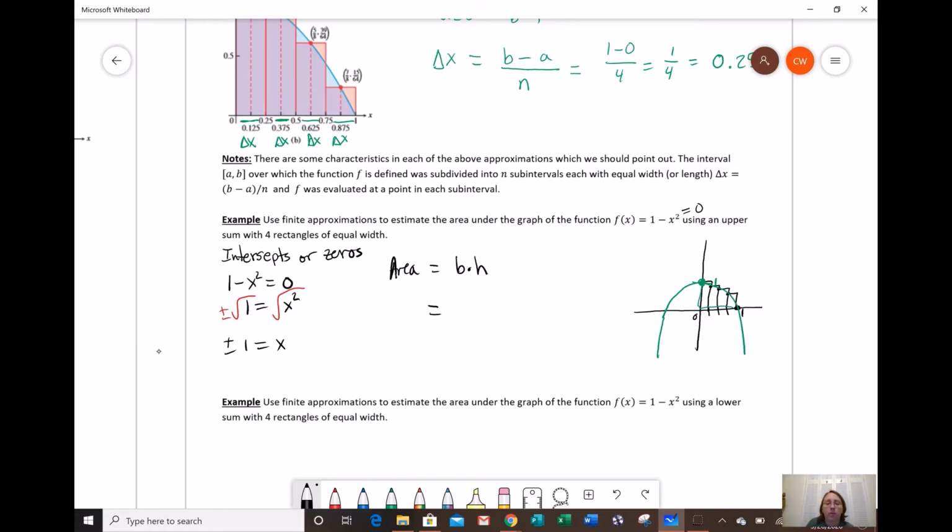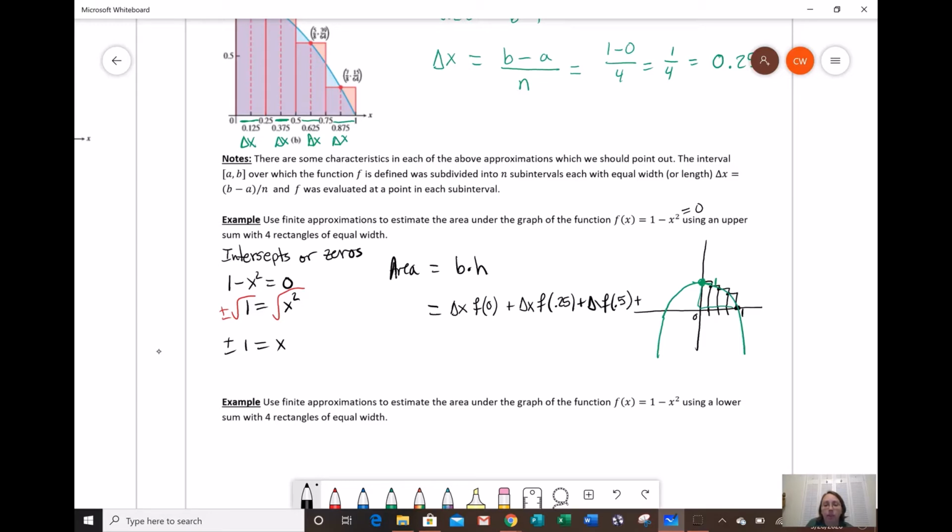So the first rectangle, the base is delta x, and the height is f at the left endpoint, 0. The second rectangle is delta x times f of our second endpoint. That's 0.25 away, so from 0 to 0.25. Plus delta x times f of the next endpoint. Another 0.25 away would be a total of 0.5.